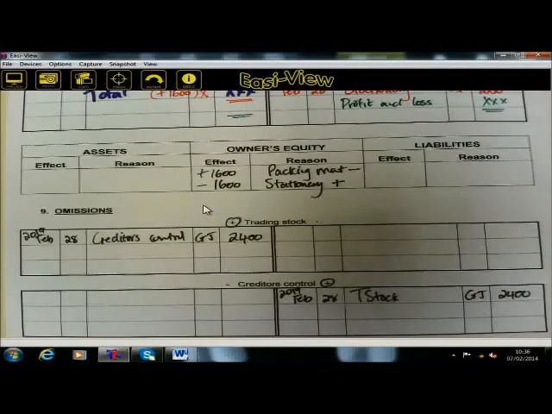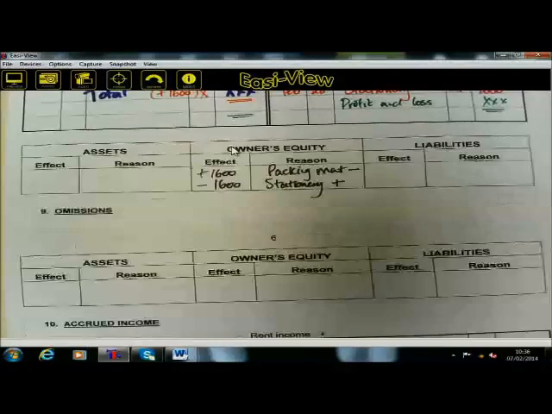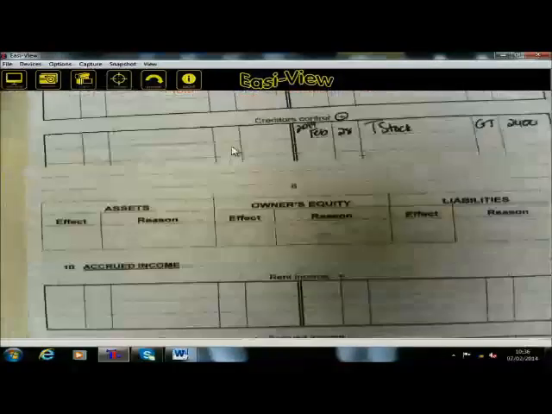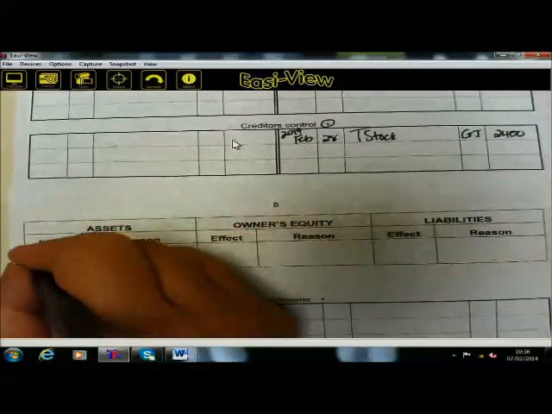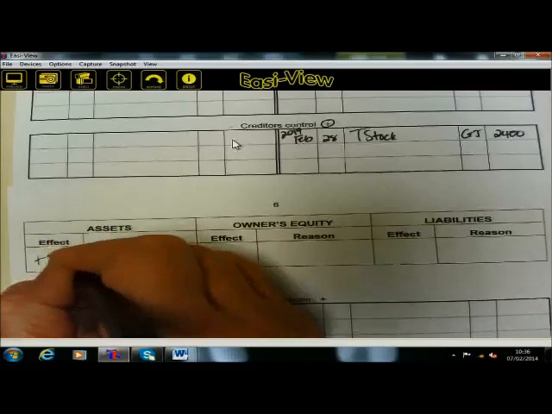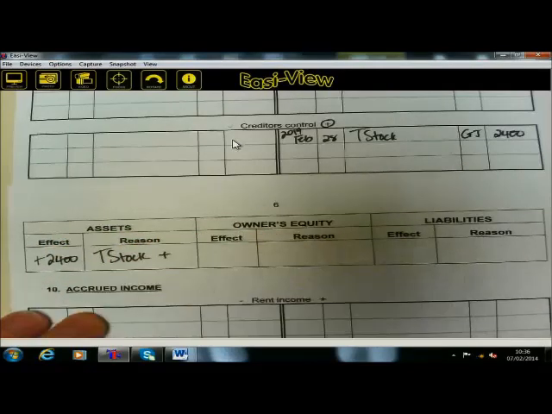What's going to happen with your accounting equation in this case? Your trading stock becomes more. You owe the creditors more. So there's, let me just put it in. There's a plus 2,400 Rand because our trading stock becomes more in the assets.